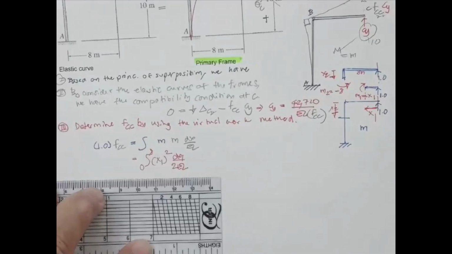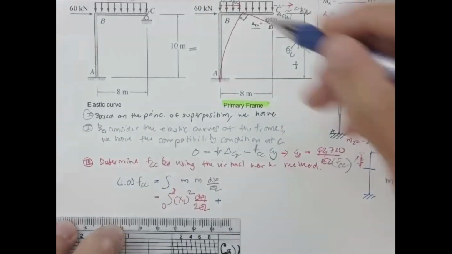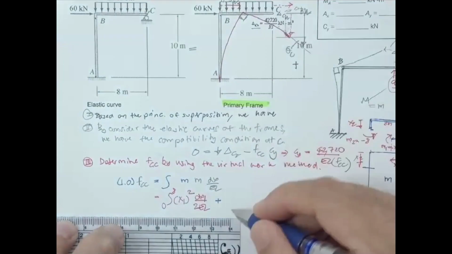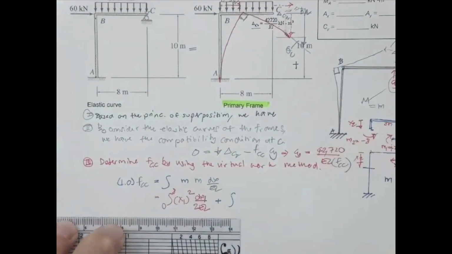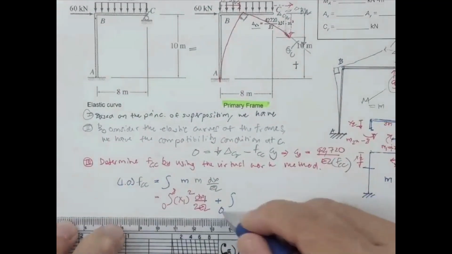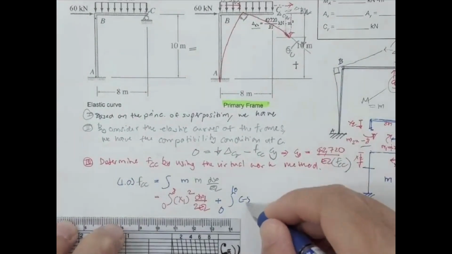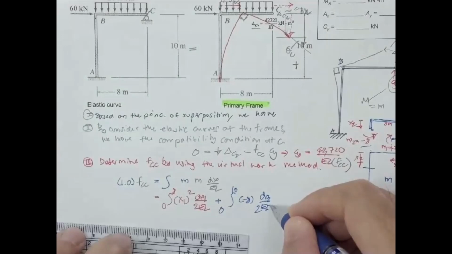It's so clear. And then plus for this one, you integrate from the top of this one down to this one. That's 10 meter, so integrate from 0 to 10. And this is gonna be minus 8 dx2 over 2EI.